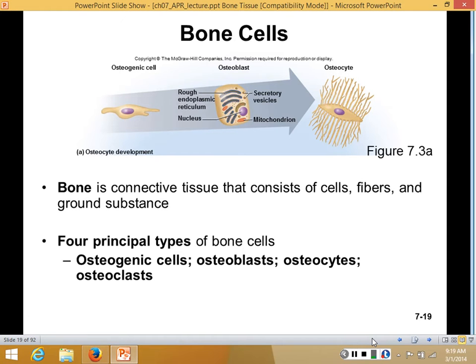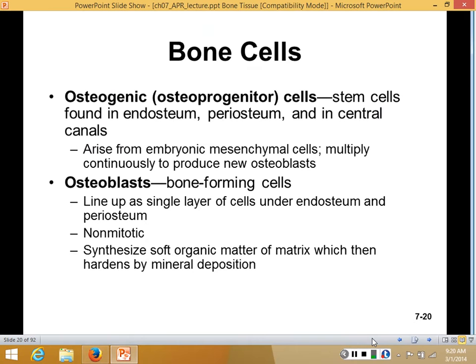Osteoblasts and osteoclasts are responsible for bone remodeling. We're going to talk about bone remodeling in this chapter. Bone remodeling continues throughout life. It's just a regular part of bone maintenance.